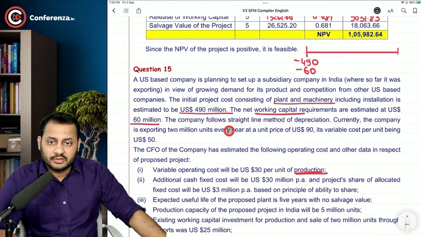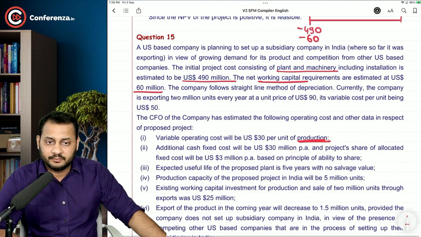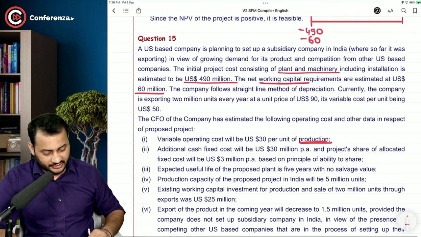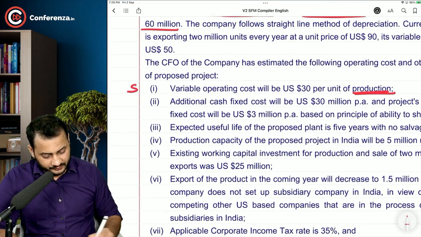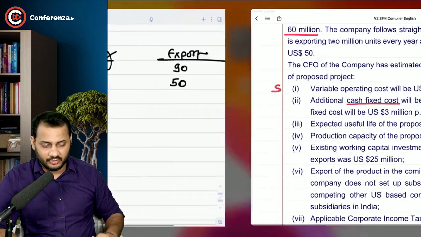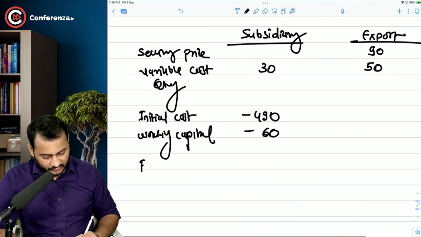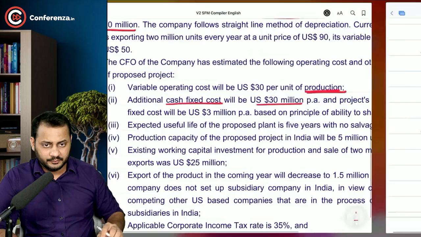What else? Okay. Now, additional cash fixed cost will be $30 million per annum, and project's share of allocated fixed cost will be $3 million per annum based on the principle of ability to share. Understand? This is related to subsidiary. And this is the cash fixed cost, which will be $30 million. So I will write down fixed cost, $30 million.